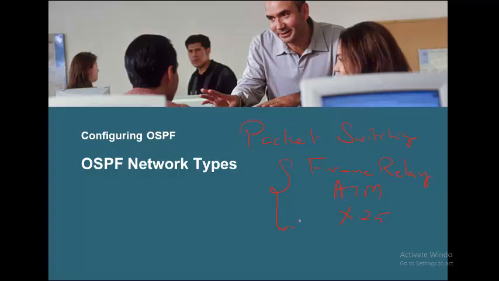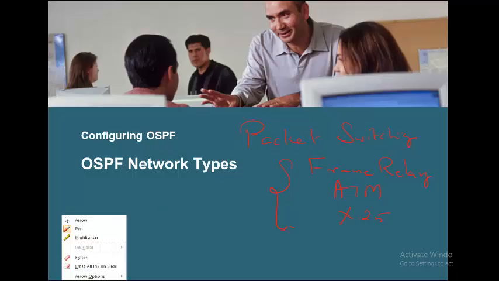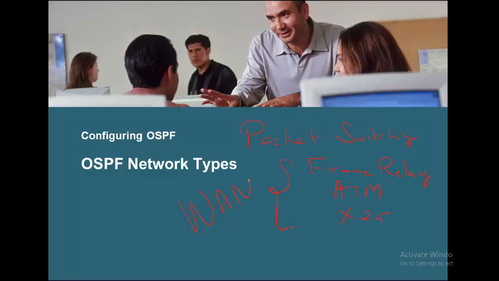This is what we call WAN technology. Or the best way to say it in this context is NBMA, non-broadcast multi-access environment, if you are running frame relay, ATM or X.25.